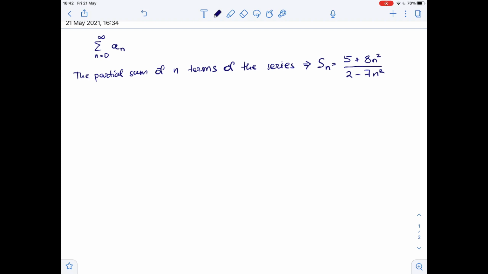First of all, we need to remember that if the sequence of partial sums, so if S of n is a convergent sequence, then our series is also convergent.